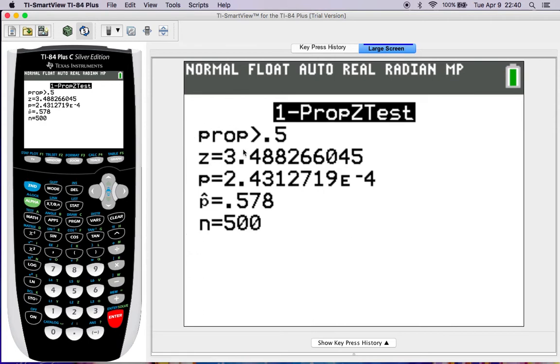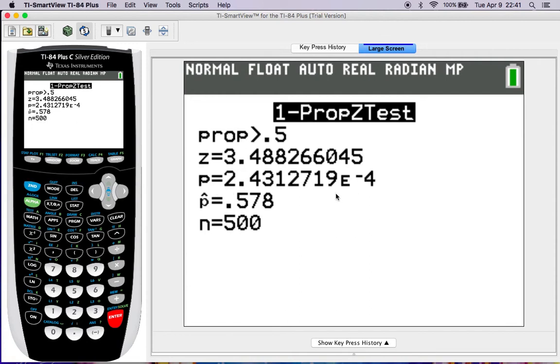Again, this first line should match with your alternative, P greater than 0.5. Here is your Z score, 3.4883. Here is your P value. Notice 2.4, something must be up. A probability cannot be bigger than 1.